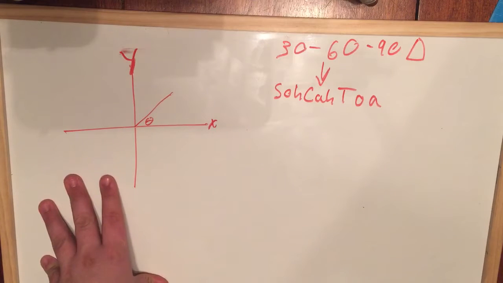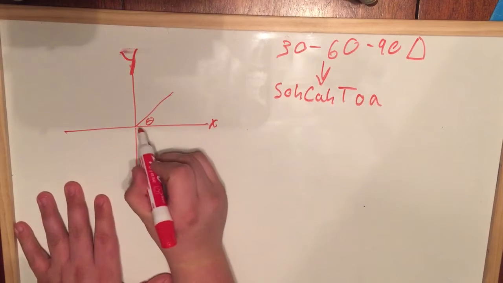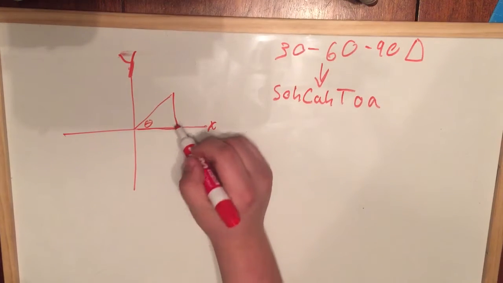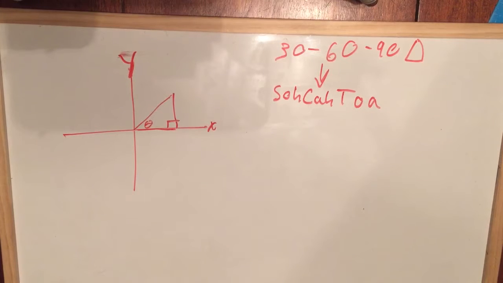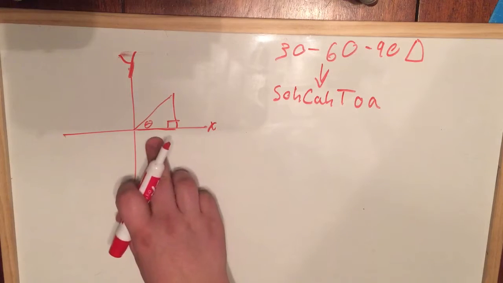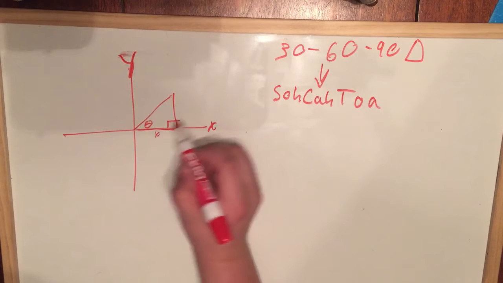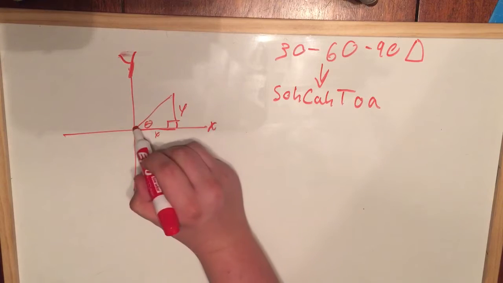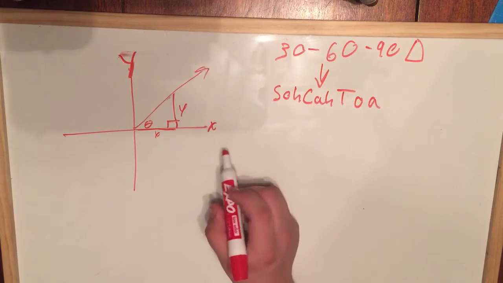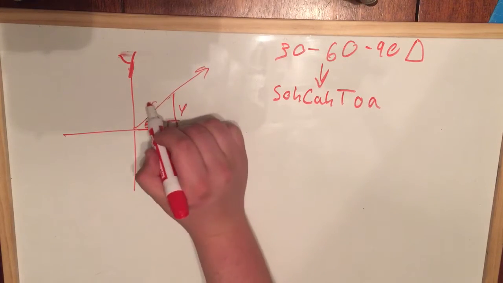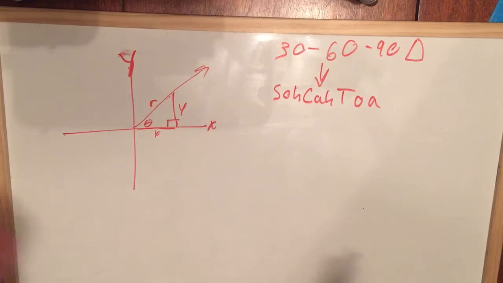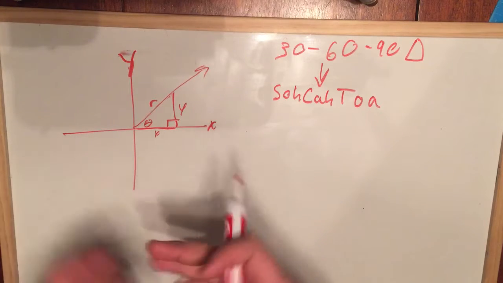We can say that we have the x value right here and the y value. So we made a triangle because we have the 90-degree angle right there. We always need the 90-degree angle, right? Since this is our x value and this is our y value, we're always going to call the hypotenuse, even though it extends infinitely, r. Within this triangle, we're going to call it r. There's no reason why. I call it r, everybody else calls it r.